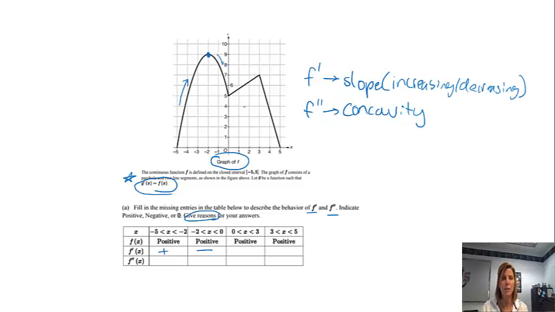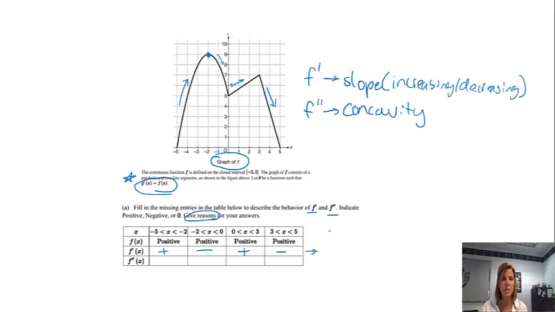And then it says from 0 to 3, which is this segment right here. I notice the function is increasing and the slopes are positive. And then the next part from 3 to 5, I notice that the graph is decreasing and the slopes are negative. So f prime would be negative.